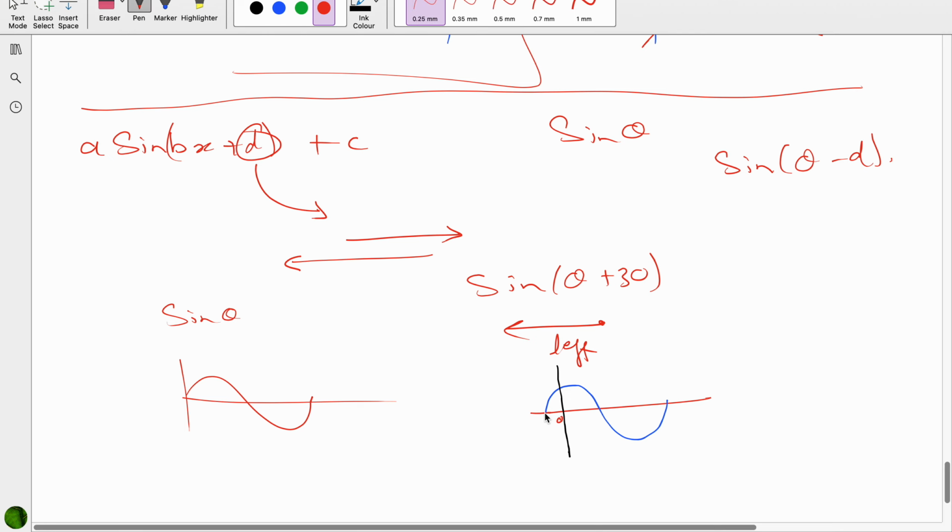This is 0, this becomes minus 30, this was 360, now this became 330. Highest point is still 1, lowest point is still minus 1.